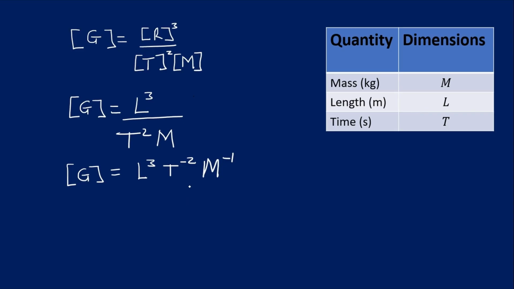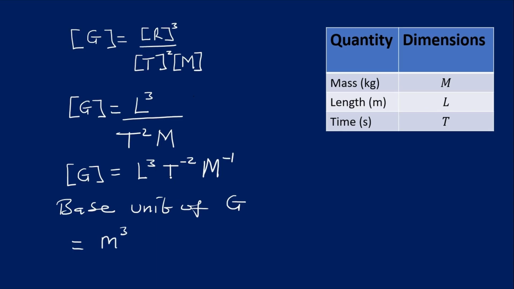But we want the base unit, not the dimension. So the base unit of G will be, now what is the unit of length? Length is in meters. So we have meter cubed.